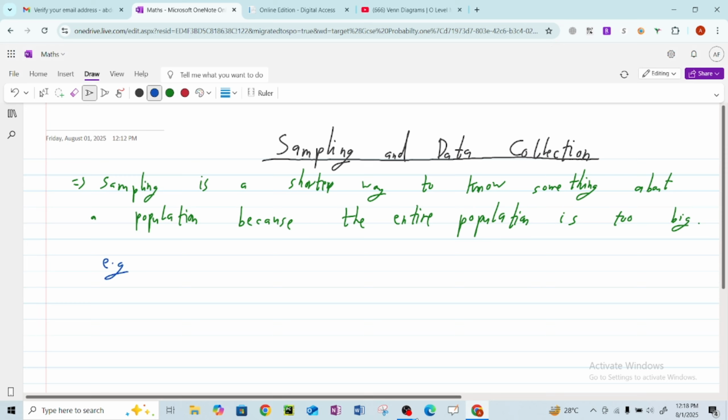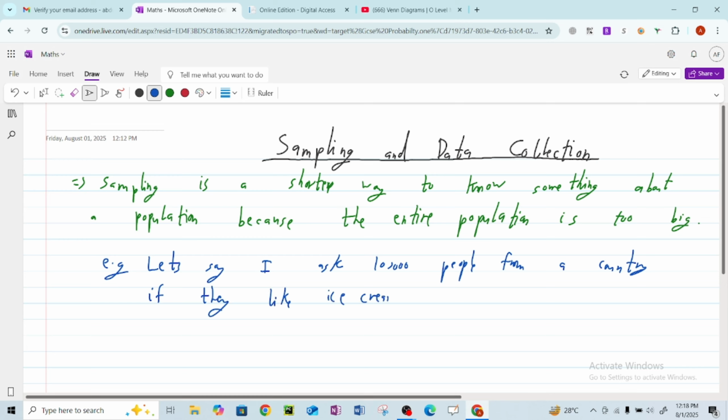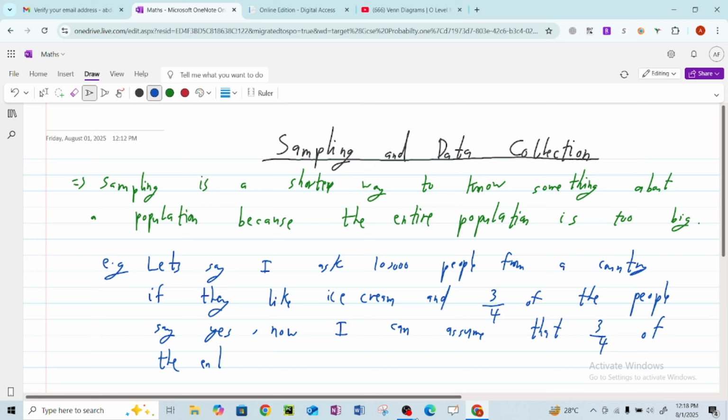For example, let's say I ask 10,000 people from a country if they like ice cream, and 3 by 4 of the people say yes. Now I can assume that 3 by 4 of the entire country, because this was a small population of 10,000, the entire country could be millions of people. Okay, so now I can assume that 3 by 4 of the entire country likes ice cream.